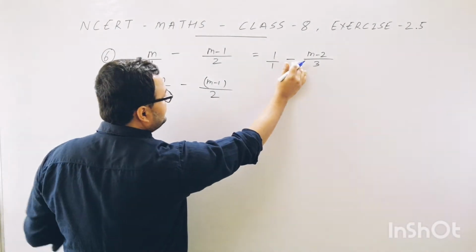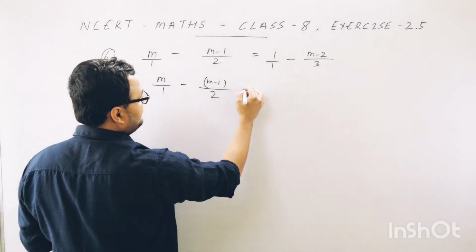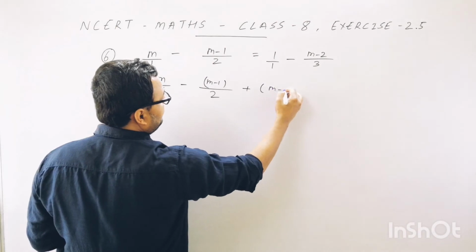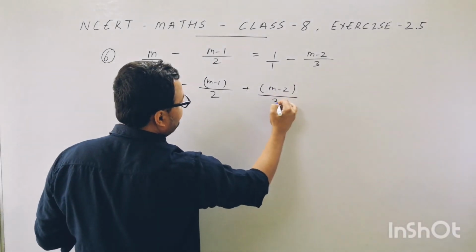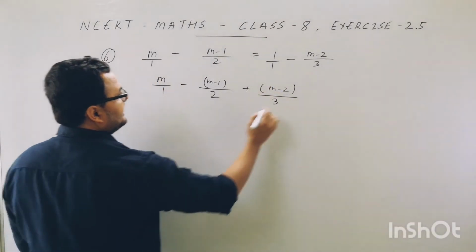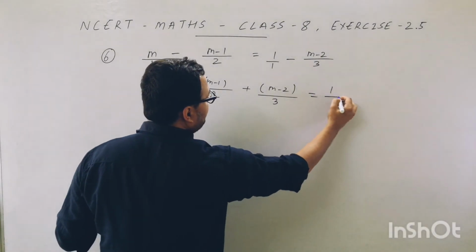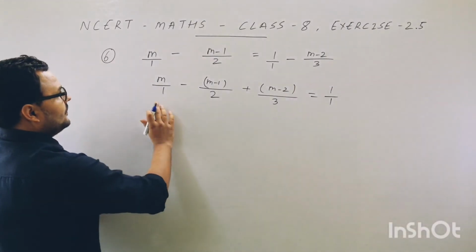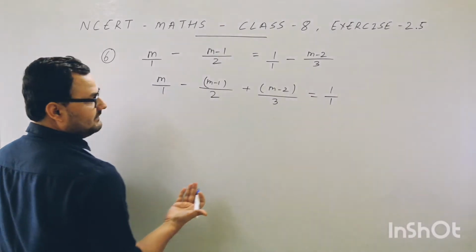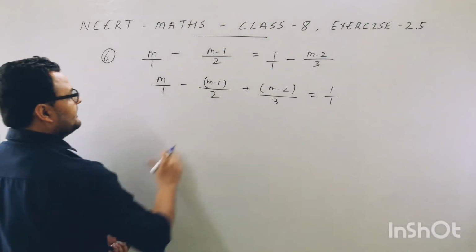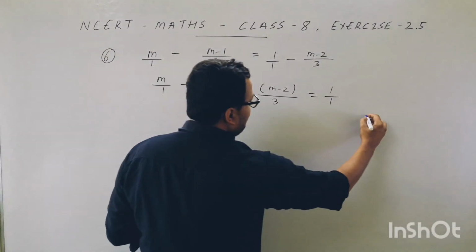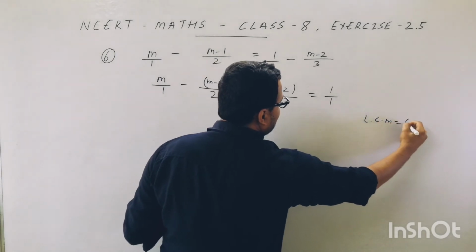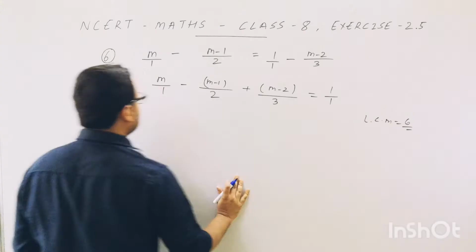Then this minus will come this side, so that will be plus, and (m minus 2) by 3 will be inside the bracket, equals 1. I can write it as 1 by 1. 1, 2, 3, 1. 1 we don't need when we find the LCM, and 2, 3, they are co-prime. 2 threes are 6, LCM is 6.